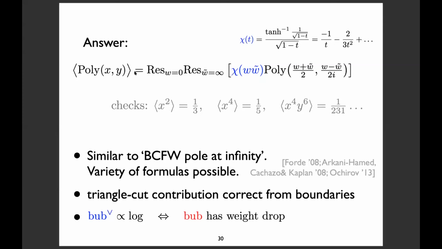Basically, by choosing different representatives of this cohomology class, you get different formulas. You get the triangle cut contribution. Disentangling the bubble from the triangle, there's always an extra term in these formulas. You get it automatically when you account for these boundaries. And the thing which is kind of intriguing is that this bubble, like we know that the bubble has a lower transcendental weight compared to the box integral.